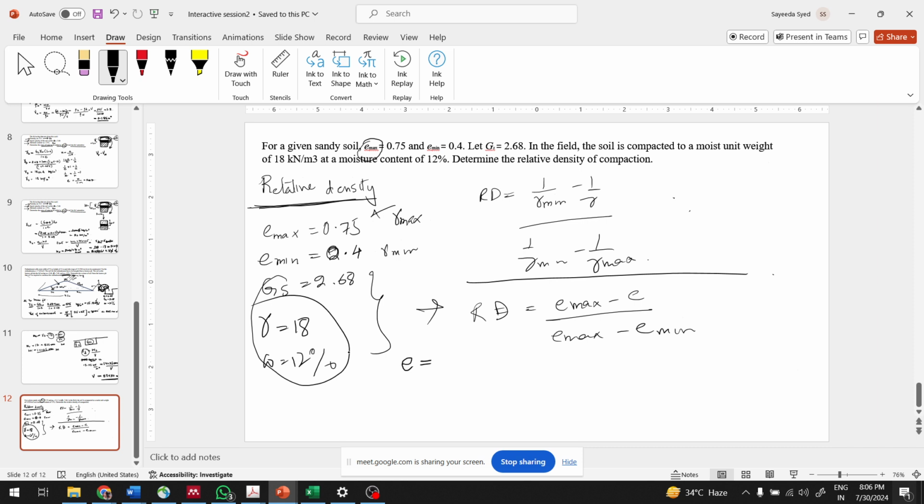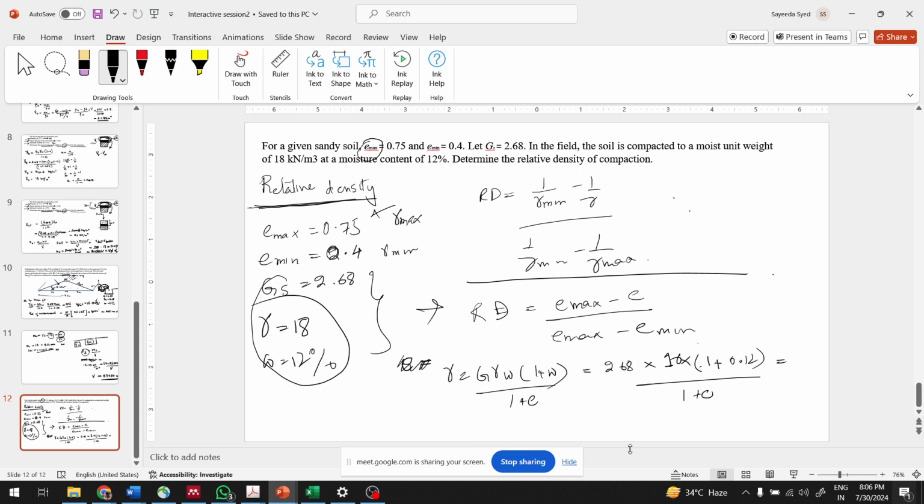We know that gamma equals G gamma W times 1 plus W over 1 plus E, which equals 2.68 into, let's take gram per cc, 1 into 1 plus 0.12 over 1 plus E. No, I have to take this in kilonewton.